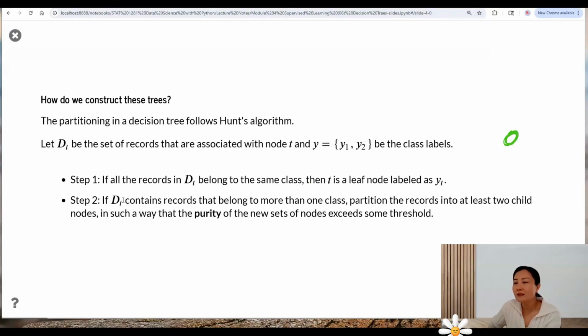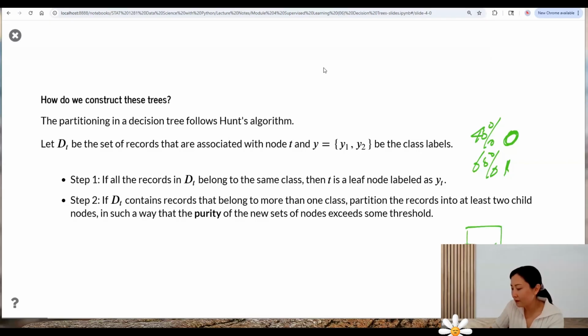Step 2: if Dt contains records that belong to more than one class, for example 40% of class 0 and 60% of class 1, then partition records into at least 2 child nodes in such a way that the purity of the new sets of nodes exceeds some threshold.